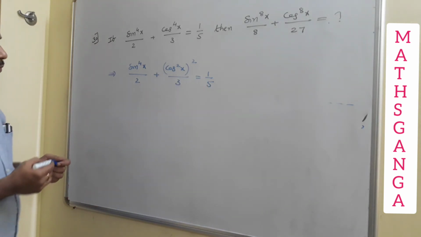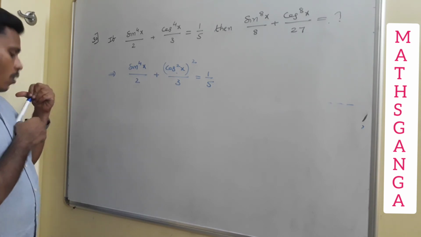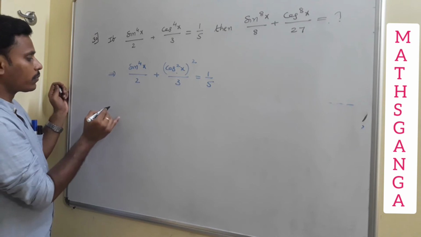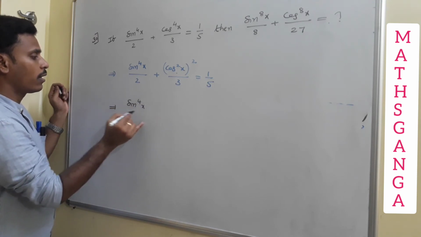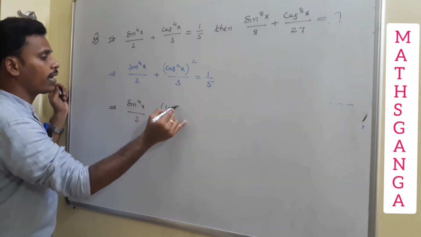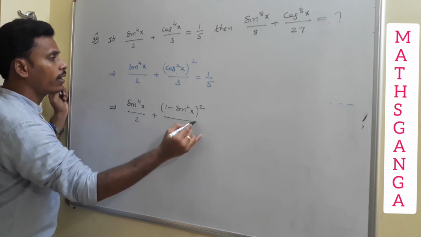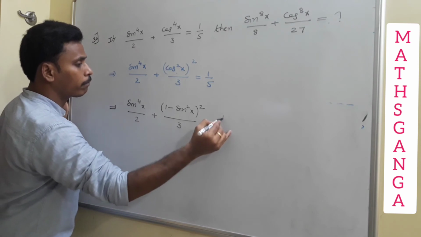Have a look at this. And now I will rewrite cos square x as 1 minus sin square x. That implies sin power 4x divided by 2 plus (1 minus sin square x) whole square divided by 3 equals 1 by 5.